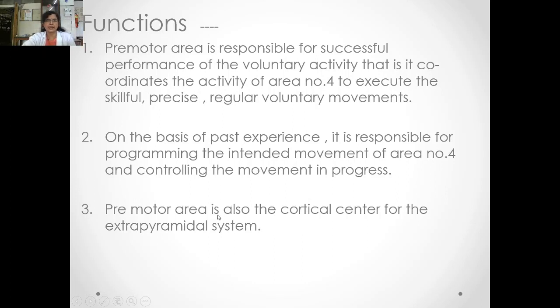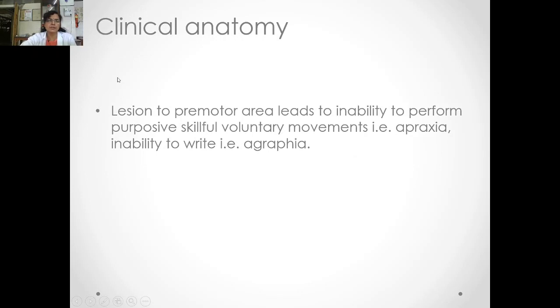And this premotor area forms one of the main cortical centers for the extrapyramidal system, and as it forms the center for the extrapyramidal system, it gives rise to fibers like the corticorubral fibers, cortico-olivary fibers and corticonigral fibers. This is about the functions of this area.